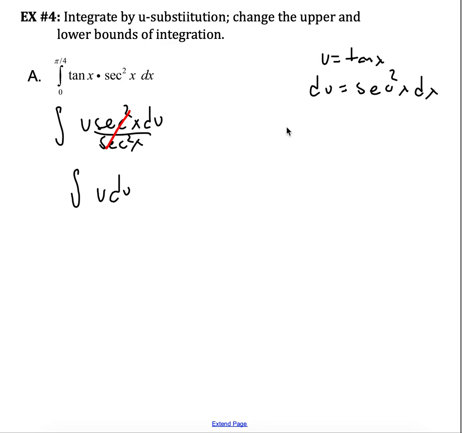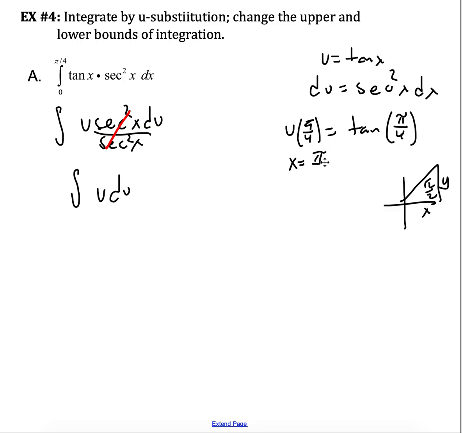To get the new bounds for u, we plug pi over 4 into tangent and see what we get for u. Tangent of 45 degrees is just y over x, and pi over 4 gives us radical 2 over 2 for both, so this is going to be 1. So when x is pi over 4, our u is equal to 1.